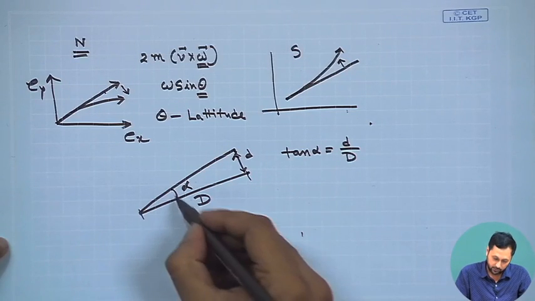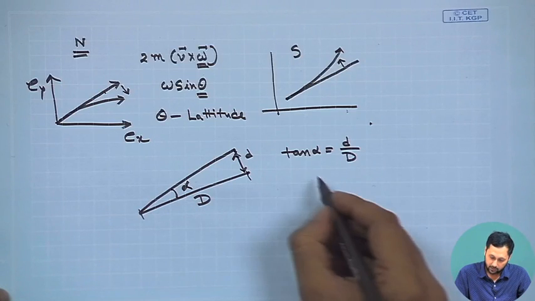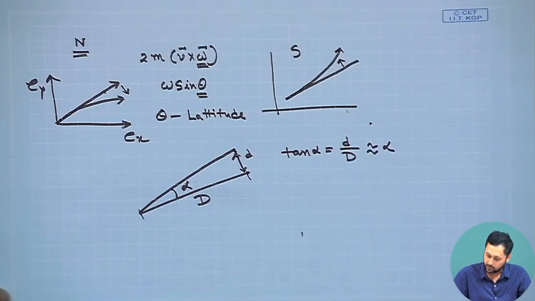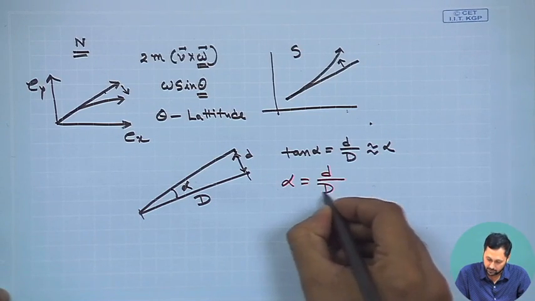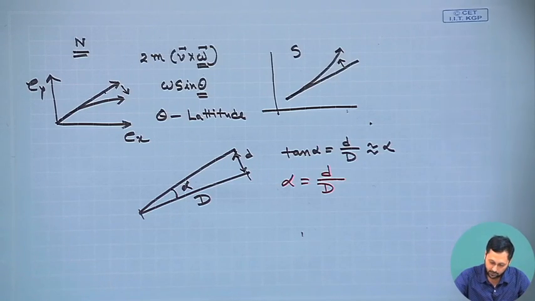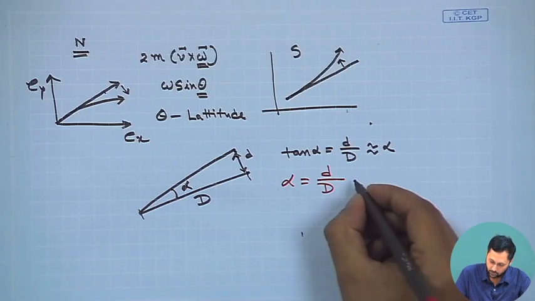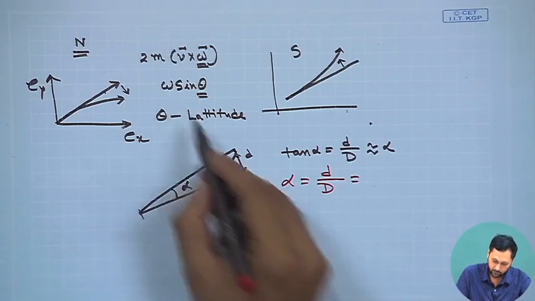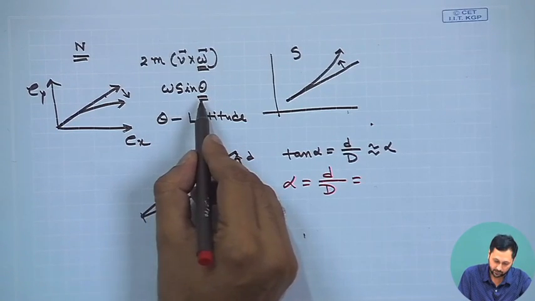Now, because this angular deviation is typically very small, we can safely assume that tan alpha is approximately equal to alpha. So, we can write alpha is equal to d by T. If we go by this definition of alpha, it can be easily shown that the acceleration will be a term proportional to omega sin theta.